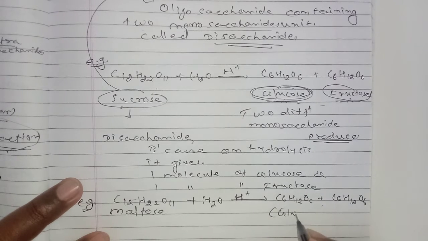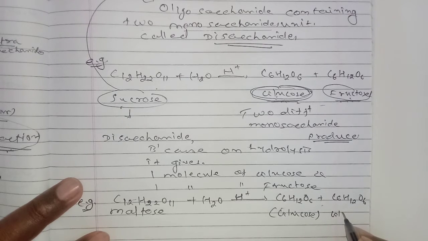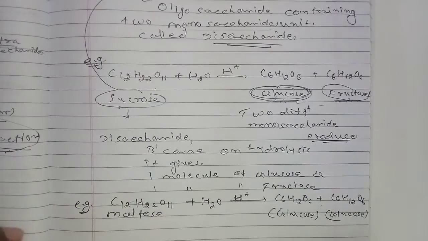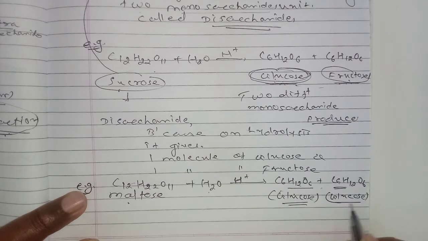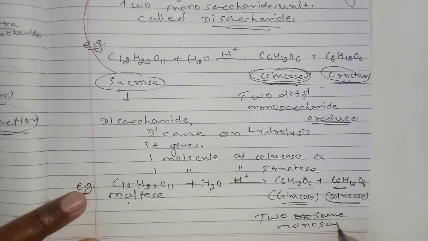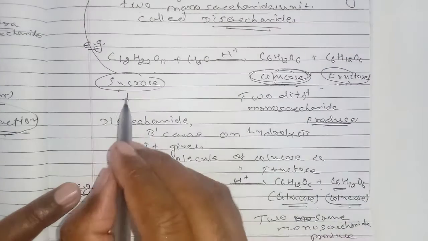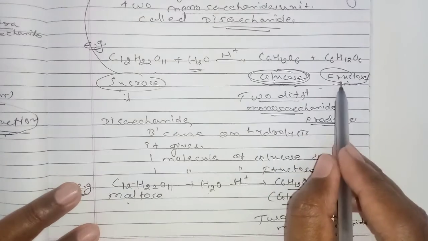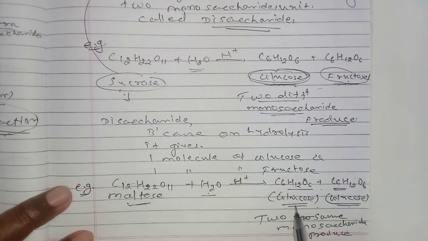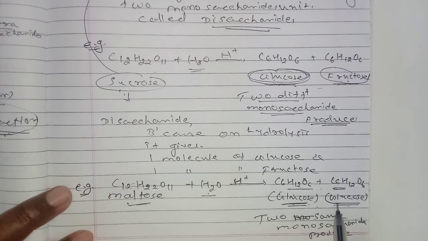Here it produces 2 moles of glucose. So here two same monosaccharides are produced, while sucrose on hydrolysis gives two different monosaccharides, glucose and fructose, and maltose on hydrolysis gives 2 moles of glucose.